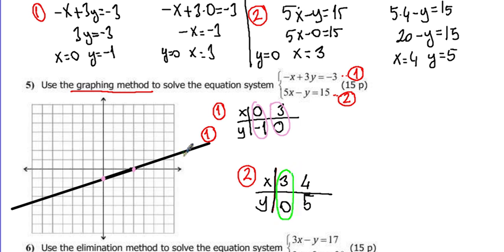So we have 3, 0, which is here, and 4, 5. X is 4, y is 5. 1, 2, 3, 4, 5. Here it is. So now I have to join these points.